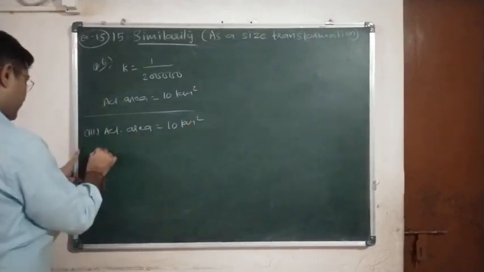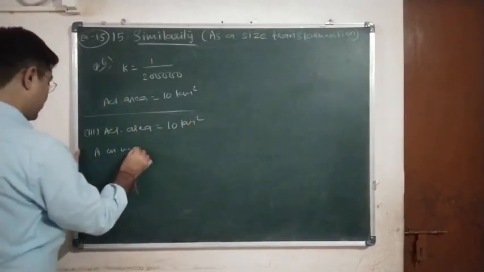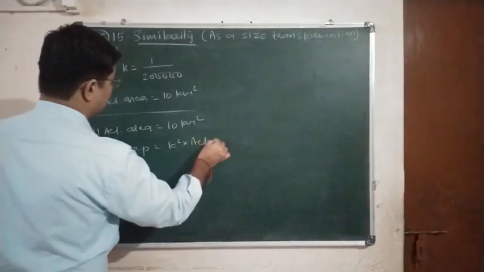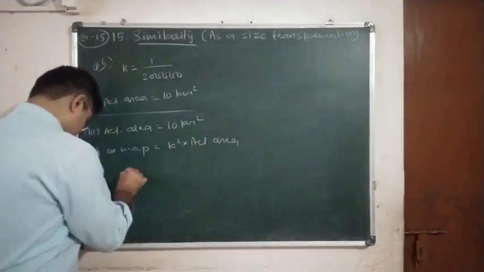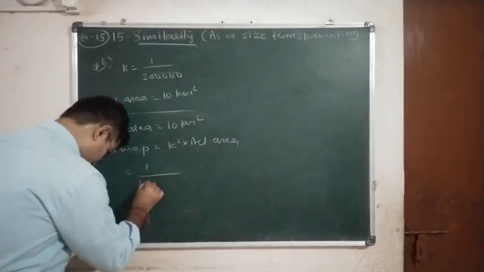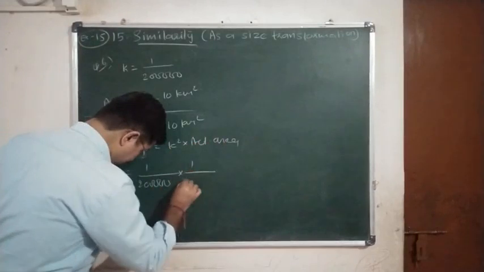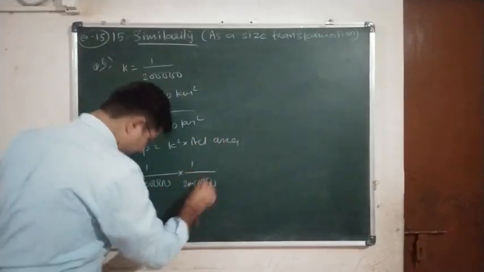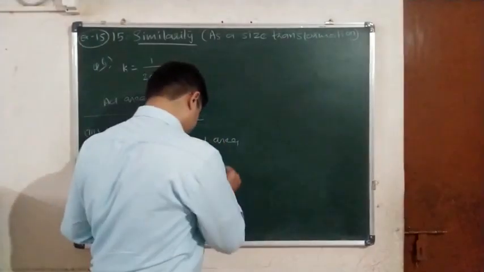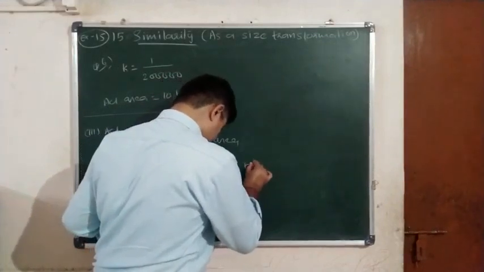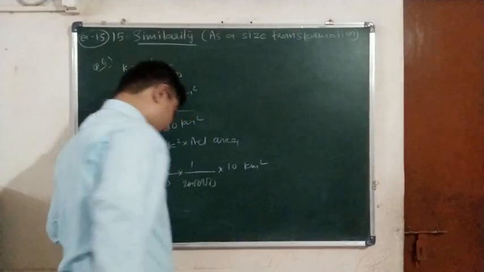We put the formula. Area on map is equal to K square into actual area, which is 1 upon 2 lakh multiplied by 1 upon 2 lakh into 10 square kilometers.